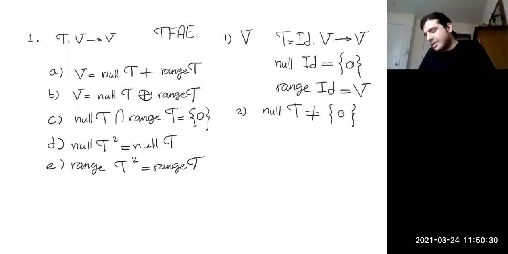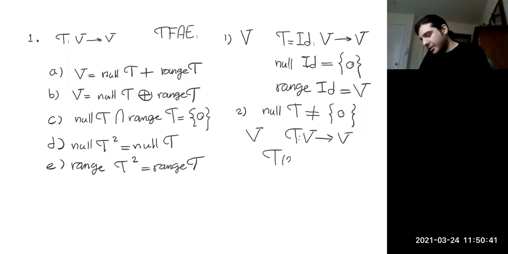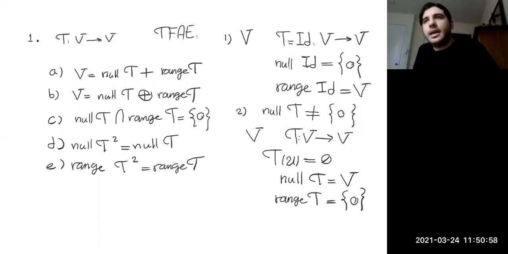That is correct. So the second example is: V can be anything, T can be a map from V to itself, where T of any vector u is 0. It sends everything to 0. Now null of this map T is everything and the range of this map T is 0. Again, as you can see, they add up to the whole space V.